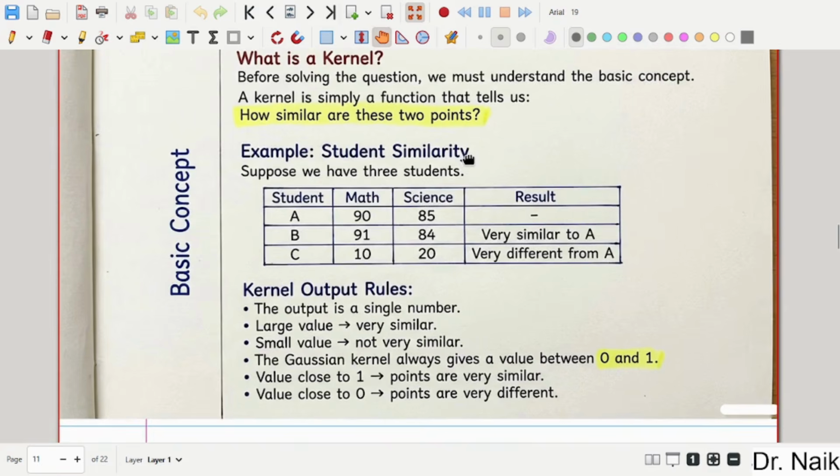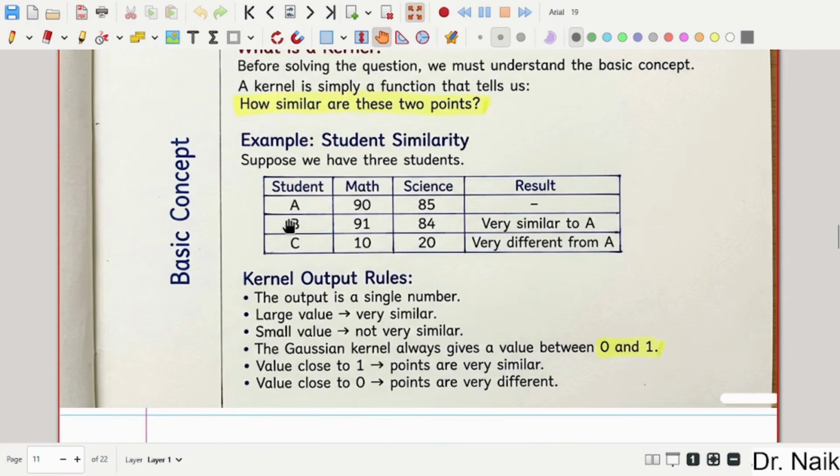For example, consider 3 students. Student A has a maths score of 90 and science 85. Student B's maths score is 91 and science score is 84. Here A and B are very similar. Now consider another student C with a math score of 10 and science 20.